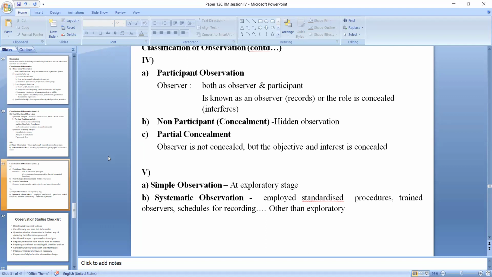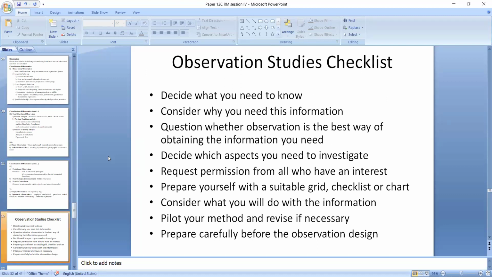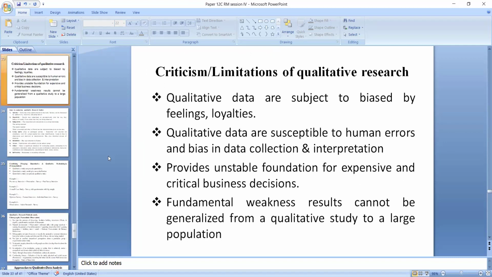Systematic, obviously, you go deep and want to know more and more information. Simple observation is just to explore. First, you do simple observation; from that you list down the variables, make a detailed chart, and then you do the systematic observation.